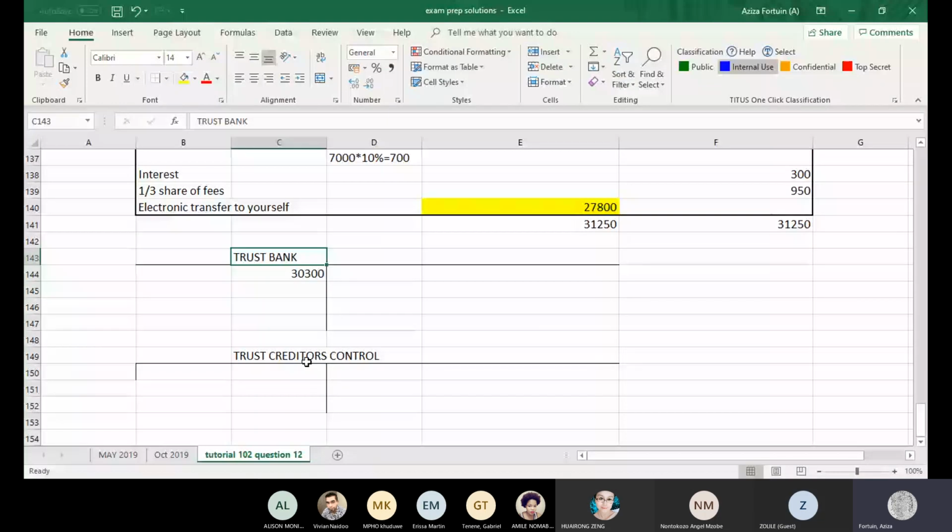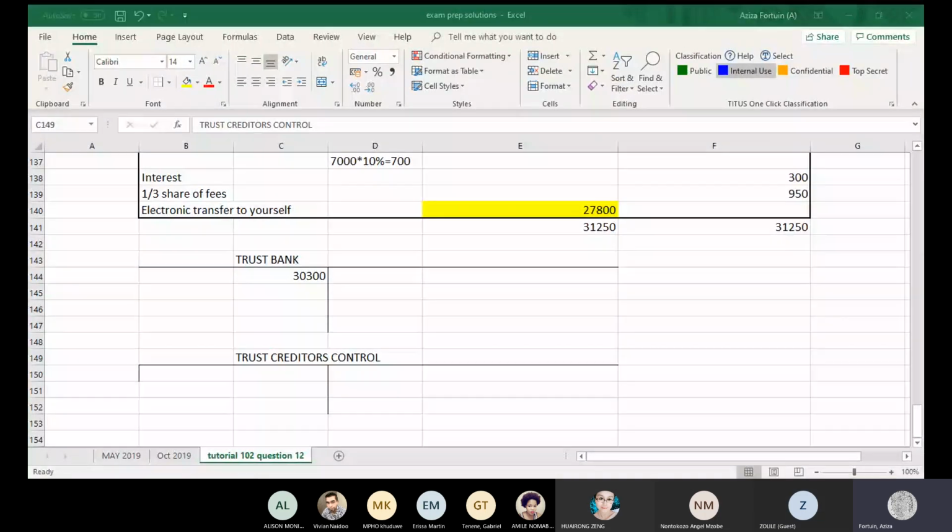Okay, let me give everybody 5 minutes to answer that question. Draw up your T accounts for your trust bank and your trust creditor.